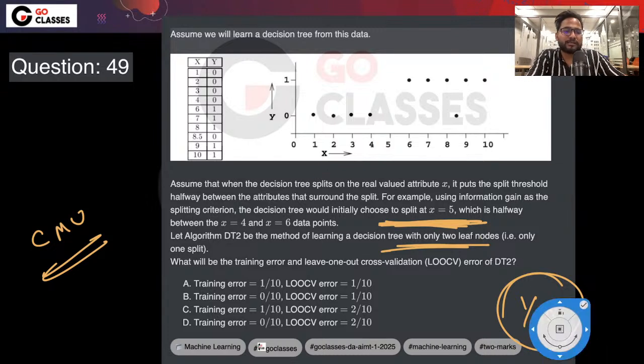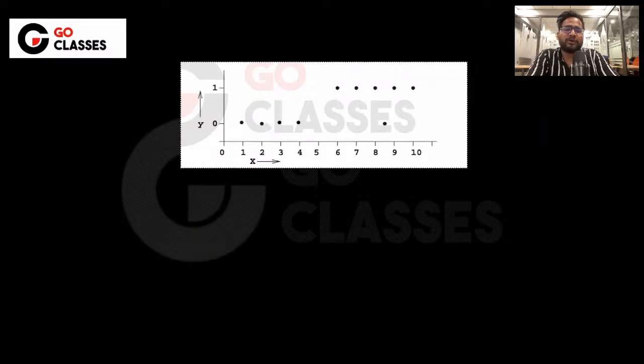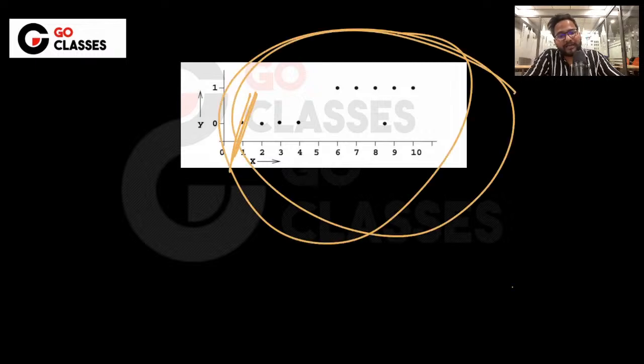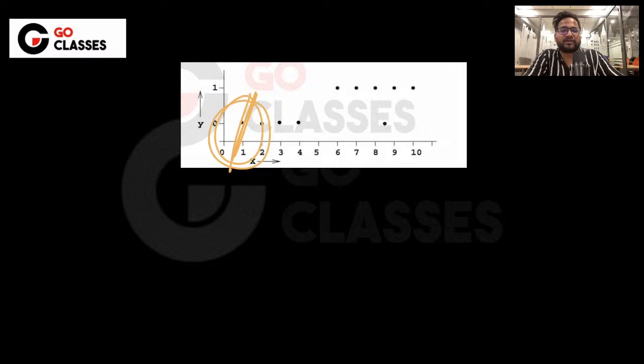Now let's see what the leave one out error is. Leave one out error is an interesting one in this case. Let me go to the next page and tell you what leave one out means. Leave one out means if you leave this out and train on the rest, and then you test on the left-out point.